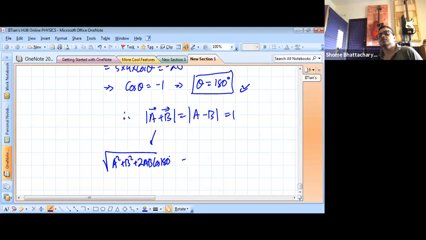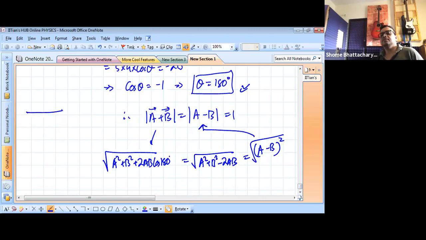Cos 180 is minus 1, so that becomes A minus B whole square, nothing but mod of A minus B. Or you understand diagram wise that if A is like this, of magnitude 5, then B is exactly opposite in direction, of magnitude 4.